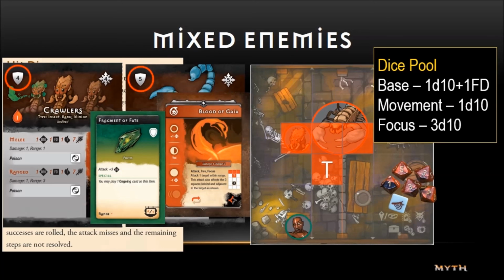I can look at the dice, and the die that is a 5, I can apply that to the crawlers, and I can go ahead and do the 1 damage against the crawler. Again, 1 damage based on Blood of Gaia. Then I can take the die that is a 7, and that 7 is higher than 5 on the Stalker card, and I can apply the damage to the Stalker.